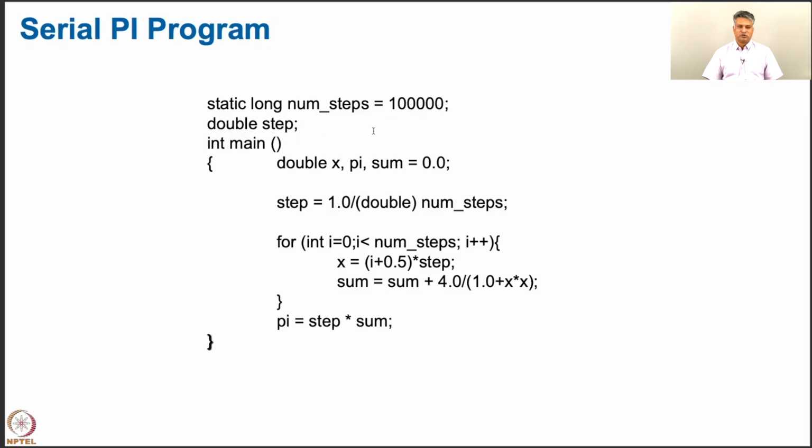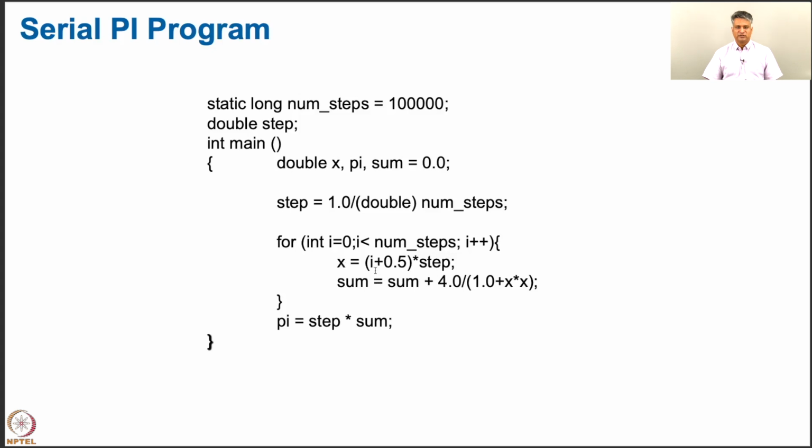The serial program will look something like this. So I have the variables x, pi and sum to be declared to be 0. Now I have the step size, which is 1 divided by the total number of steps that I would like to take. That is 1 divided by 100,000. Now I will loop over all the number of steps that I need to take, going from 1 to number of steps.